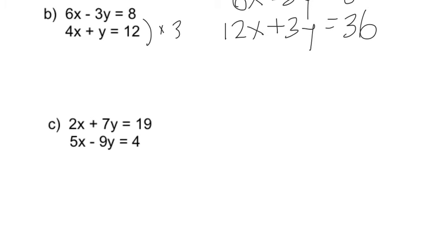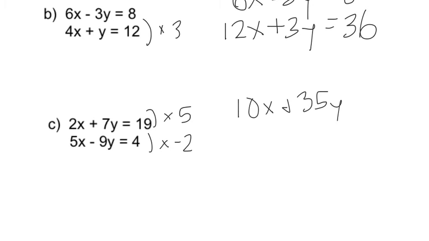So for example, I'm going to multiply my first equation by 5, and I'm going to multiply my second equation by negative 2. And watch what happens when I do that. If I multiply everything through on the first equation by 5, I get 10x plus 35y equals 95.